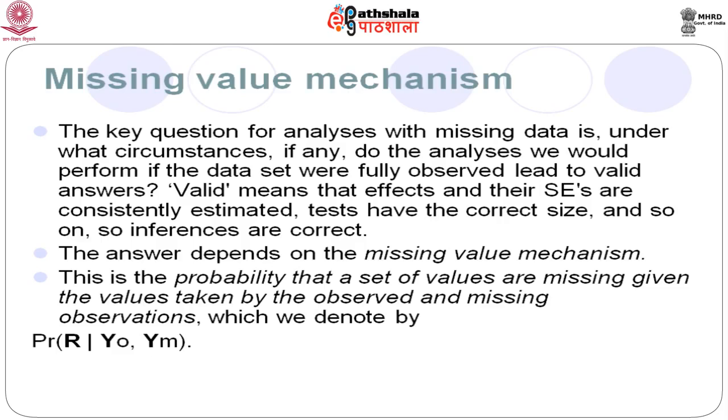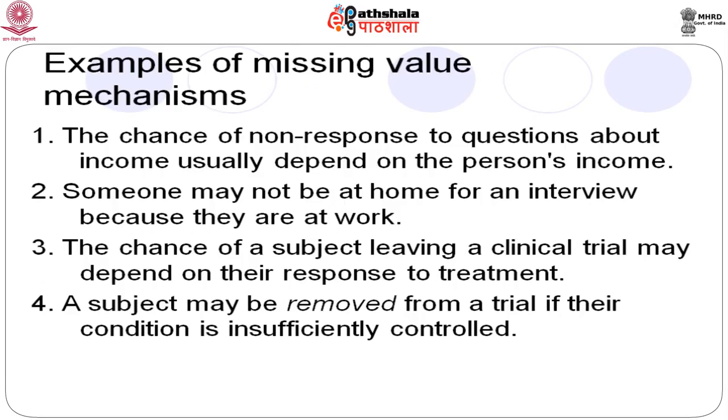So, this actually depends on the missing value mechanism, and that is the probability that a set of values are missing given the observed and the missing values. We use the notation probability R given y naught and y m.